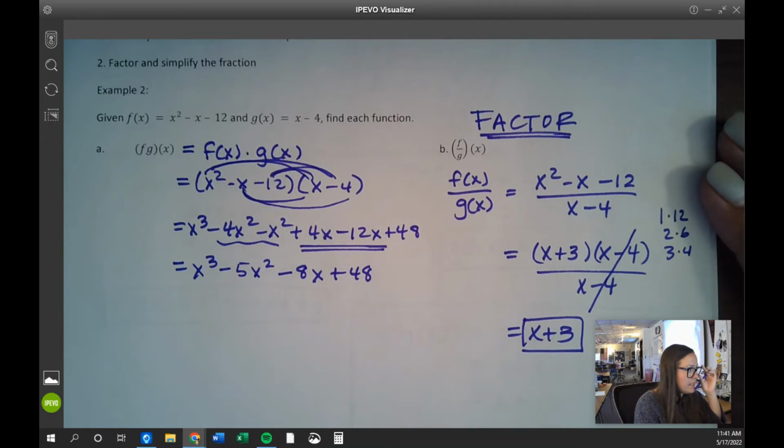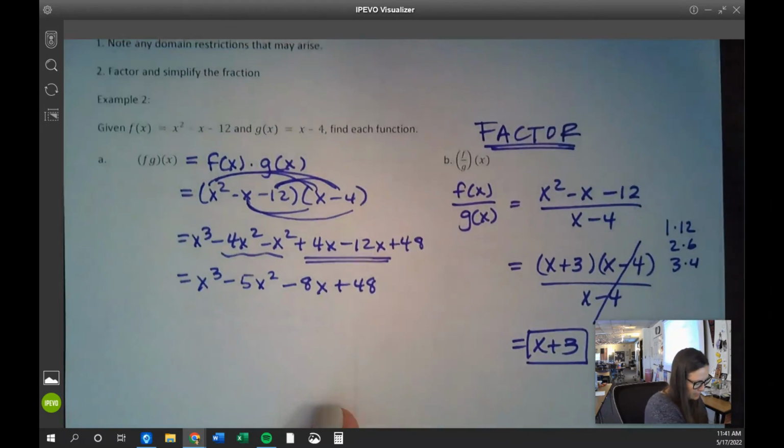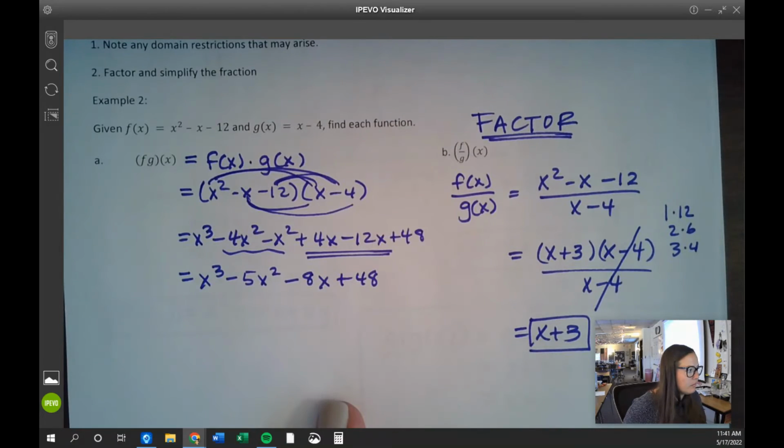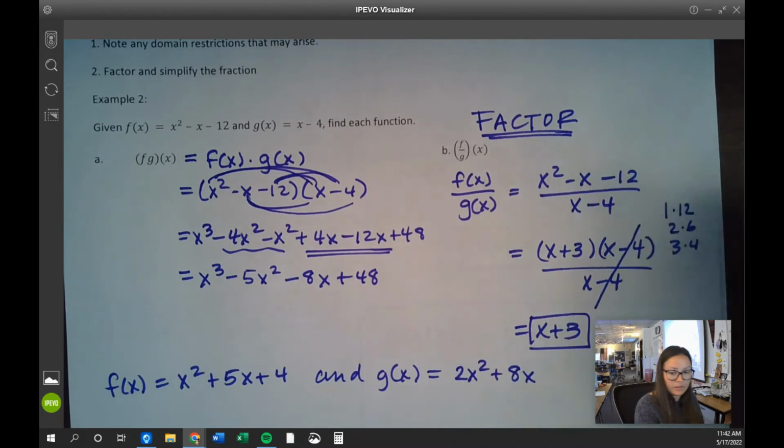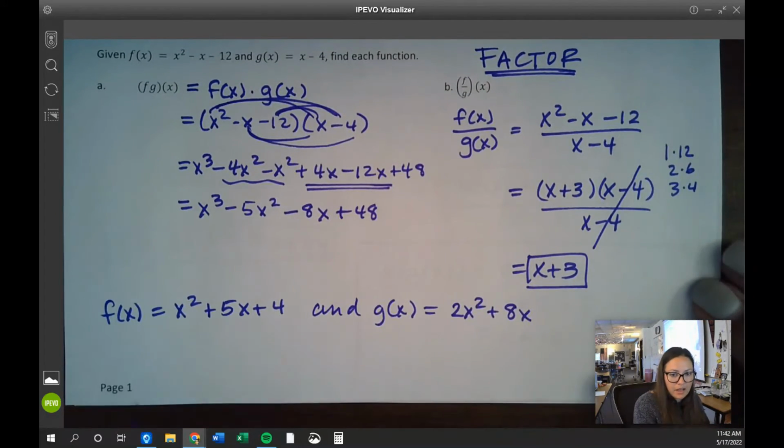Let me do one more example. Let's say I have these two new functions. If you have to pause the video to write these down, go ahead. I have a new f of x and a new g of x. f of x is x squared plus 5x plus 4, and g of x is 2x squared plus 8x.